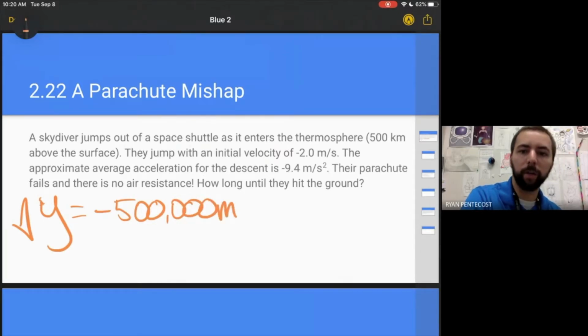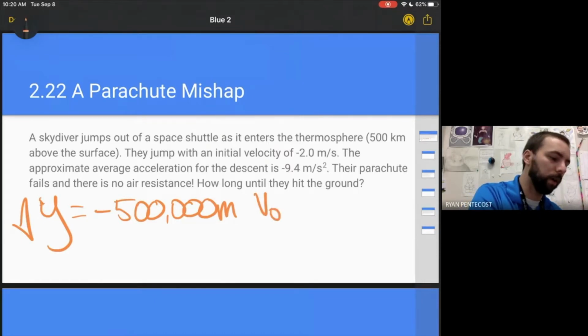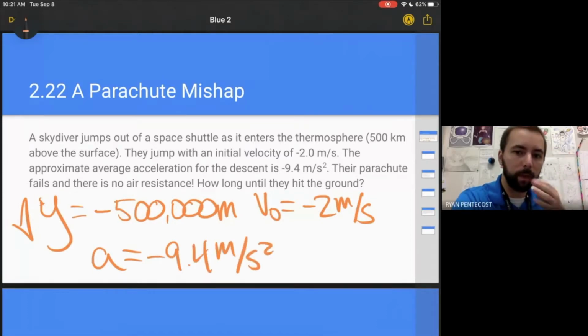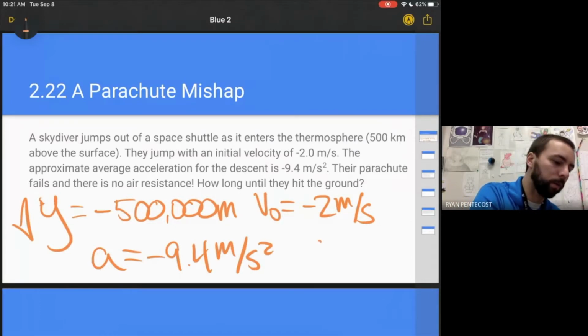They actually jump downward with an initial velocity of -2 meters per second, and then we have the acceleration is -9.4 meters per second squared, right? Now we want to know how long until they hit the ground. So we want to know time.